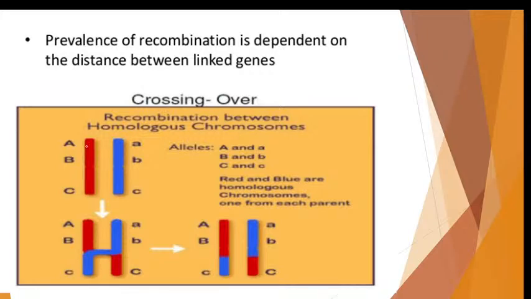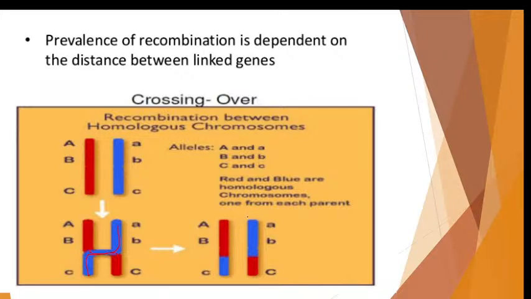See, this is chromosome A, B, C, and here small a, b, c, and this part is undergoing crossing over like this. So those parts which lie very far away have more prevalence of crossing over. The prevalence of crossing over or recombination is more when the genes are far apart.